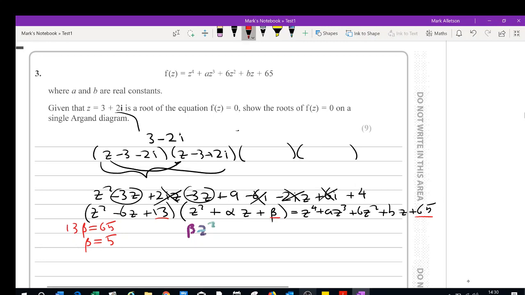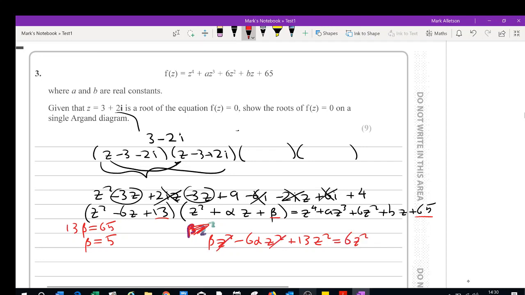Beta z squared from z squared times that beta, minus 6 alpha z squared. That's going to give me a z squared term. And then plus 13z squared. So we're going to get all of those things there, and that must equal the z squared on this side, which is just 6z squared.